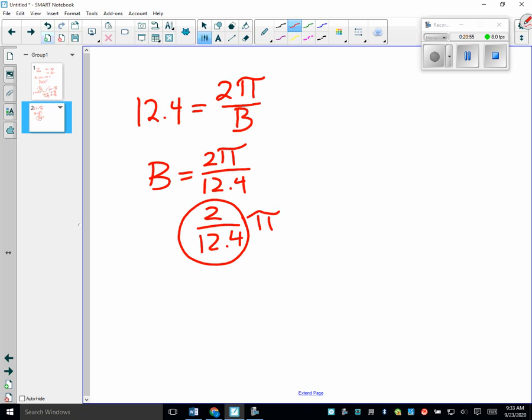So how do I write my equation? Y equals, what's my amplitude? 3.55. Sine. Isn't my phase shift C over B? The easy way to do this is to write it this way.